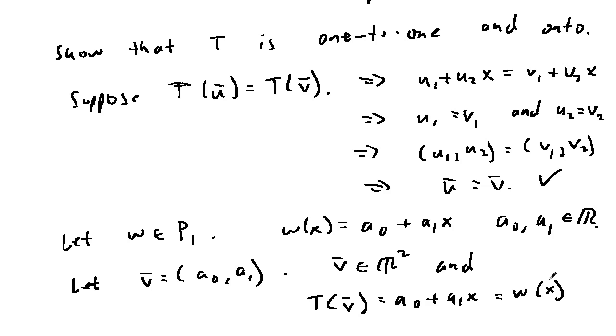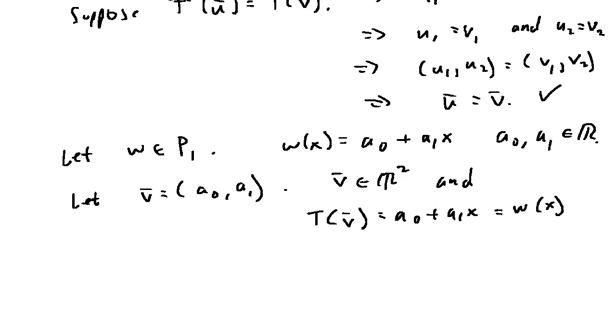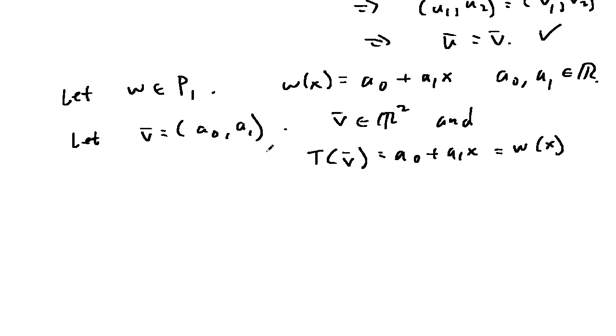So T of v is equal to w. We picked an arbitrary w in P1, and we found some vector v such that T of v is equal to w. So T is onto.